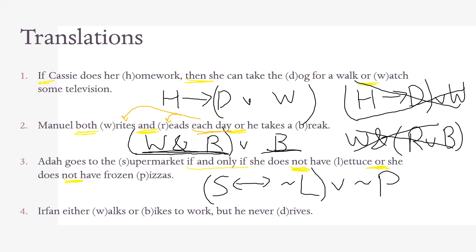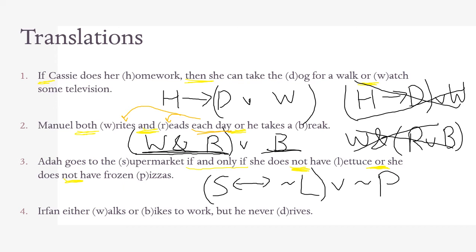So here, it seems like the biconditional is tied to only her not having lettuce. But is that really what that sentence is saying? That doesn't seem to be what the sentence is saying, because it seems like Ada will go to the supermarket if either she doesn't have lettuce or she doesn't have frozen pizzas. So what's motivating Ada to go to the supermarket? Either not having lettuce or not having frozen pizzas.